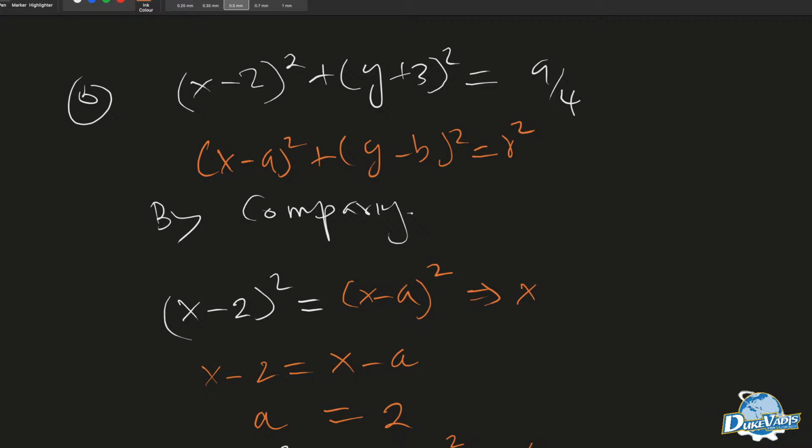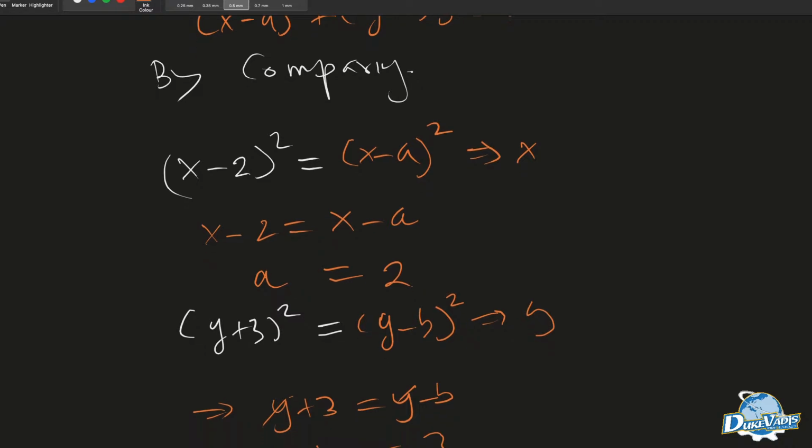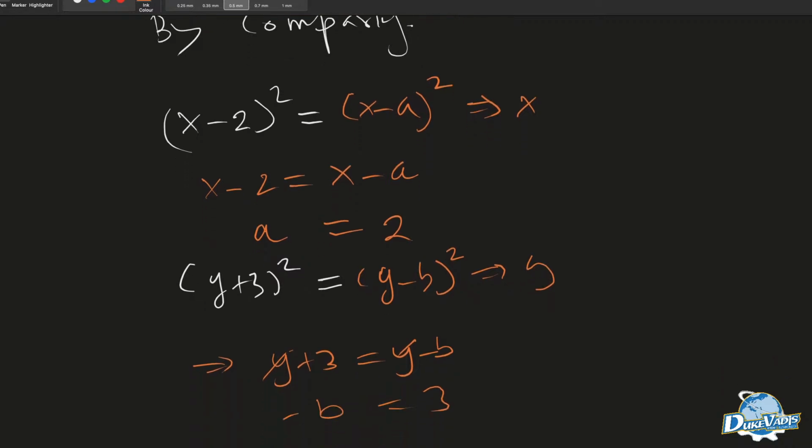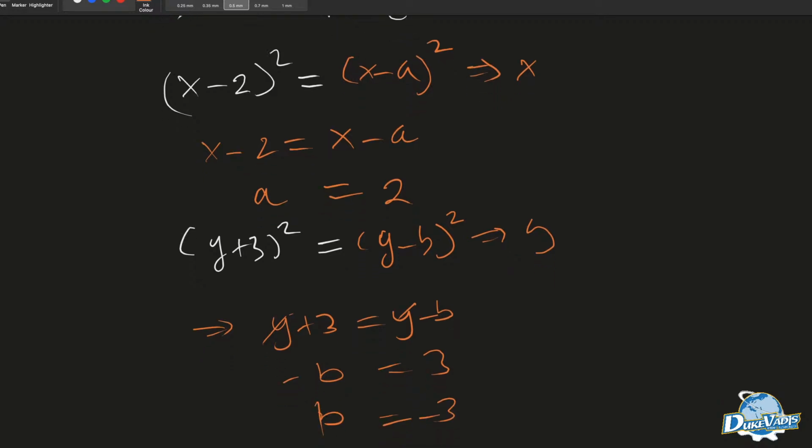So for the y, our value is y plus 3 equals y minus b. Just cancel that, and negative b is equal to 3, so b is equal to negative 3. Good. So the coordinates, therefore, are 2, negative 3.